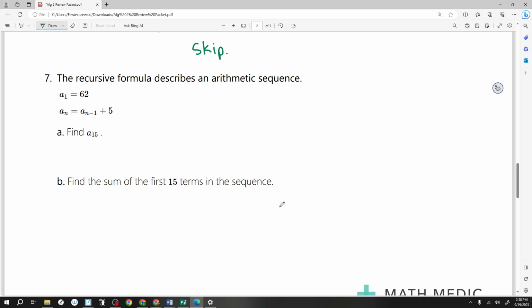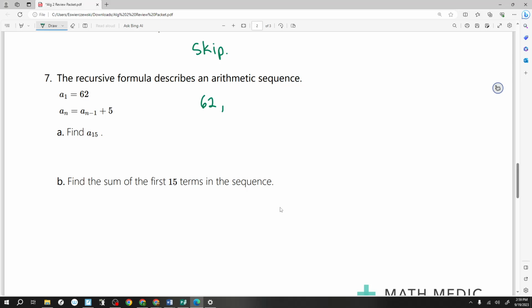Okay, number 7. The recursive formula describes an arithmetic sequence. What's the first term? What's the common difference? 5. So I would add 5 over and over and over again, correct? So that would give me 60.